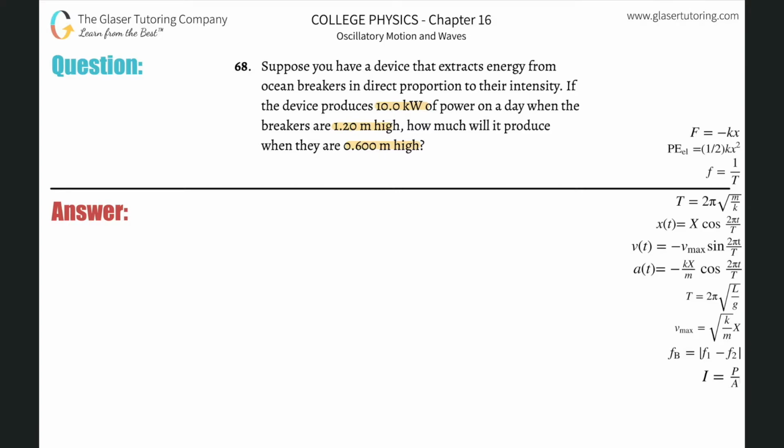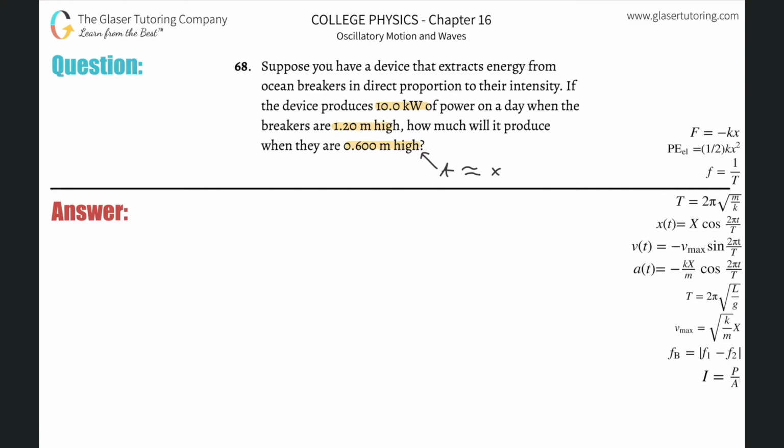So basically what we have to figure out is how does power change in relation to wave height? Another way to talk about wave height is to call it the amplitude, or simply the x value, right?